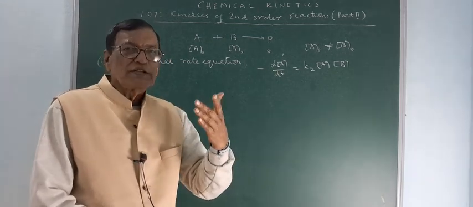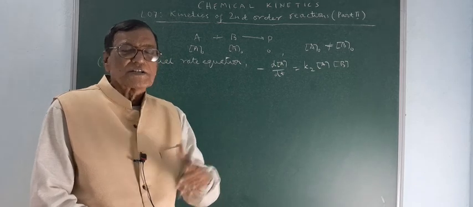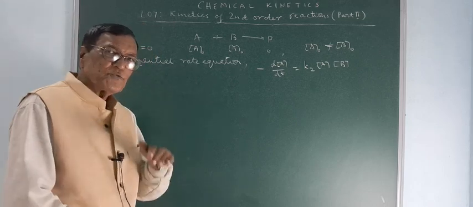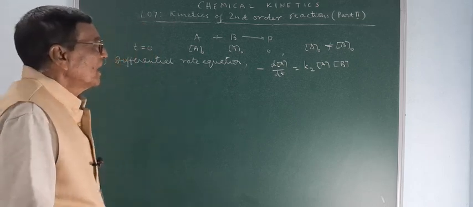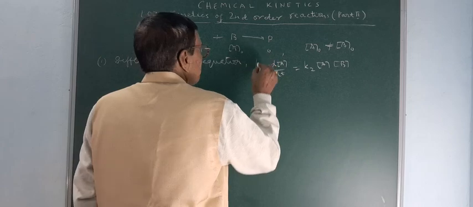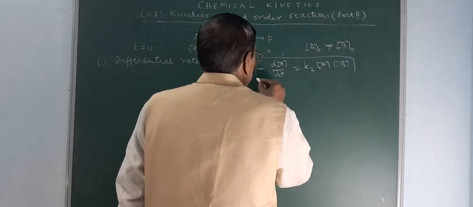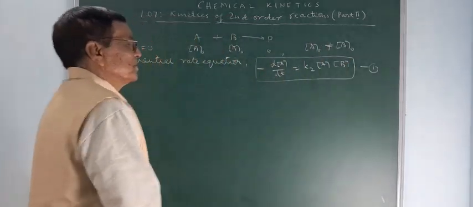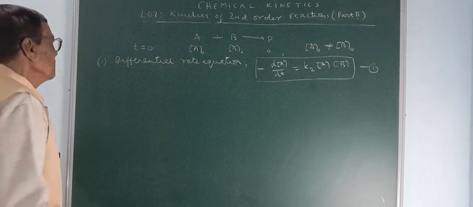If the volume is not constant, then the concentration will change. So this is the differential form, and let this be equation 1.